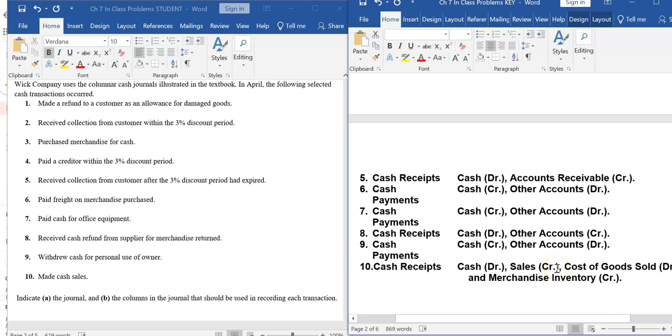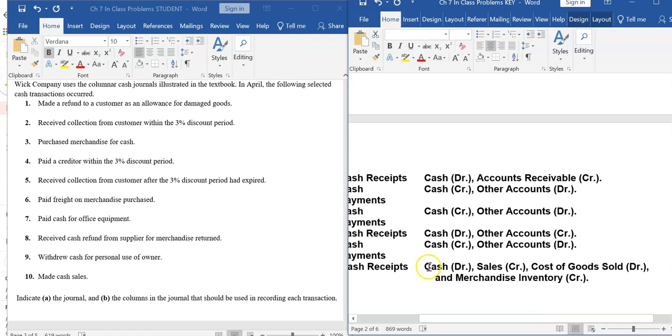And remember, when we make a sale, we have 2 entries to record. Not only do we record the revenue being earned, but we also need to record in the special journal the cost of goods sold and the inventory being used up. So we debit the cost of goods sold expense column and credit the merchandise inventory credit column.